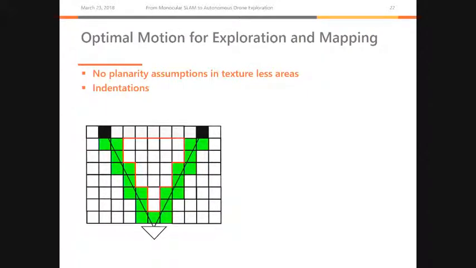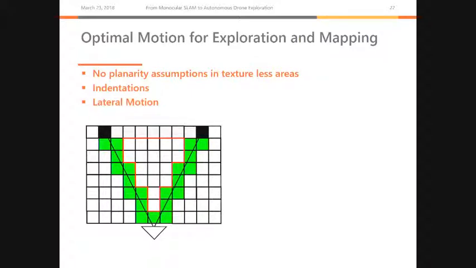If we consider these two are the gradients in the image, when they do the ray casting, they only have information about these two parts, because we are not sure whether this part is a textureless area, or we don't have any information there.